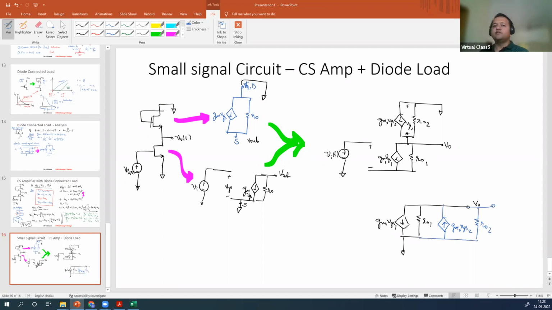So this is your effective Vout. Clear? This is important. Now what is pending here? VGS2 is here itself. This will be minus, this will be plus. So this is your VGS2. Here is your VGS1.